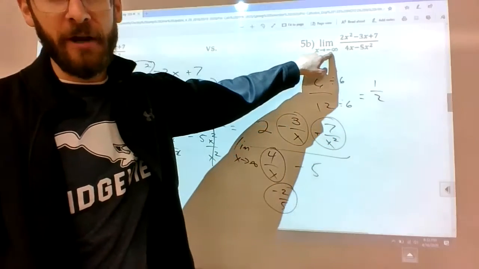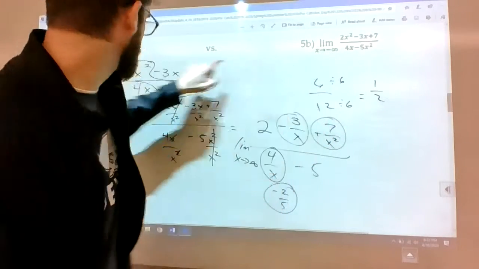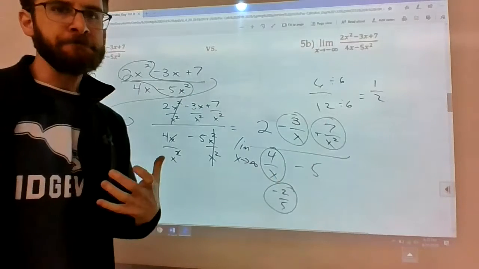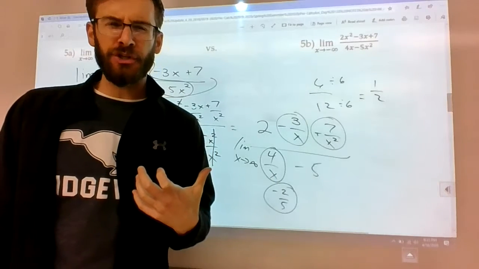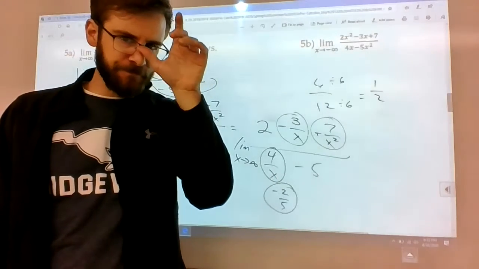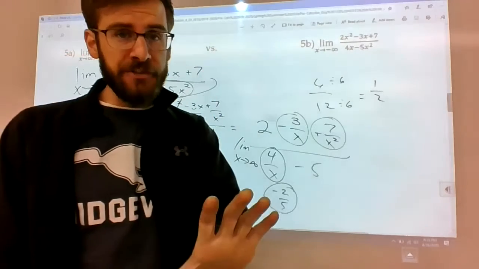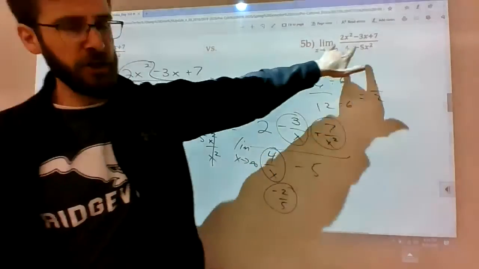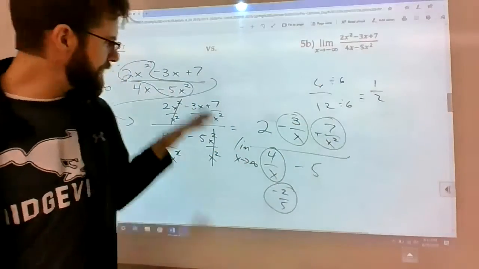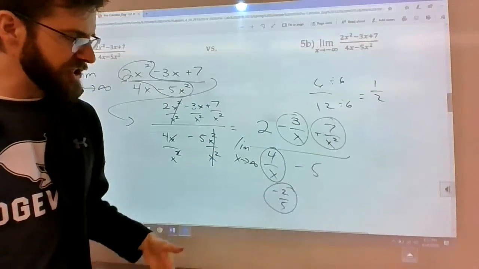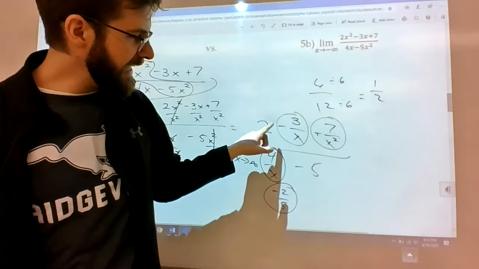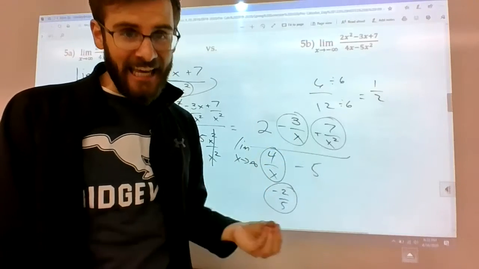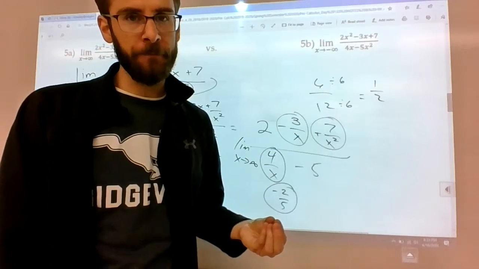Now, what if you compared that to negative infinity versus just positive infinity? Well, horizontal asymptotes really shouldn't change all that much. I mean, because it's the exact same function here and here, the moves here would be the same. The question is, is 3 divided by negative infinity also approaching 0?